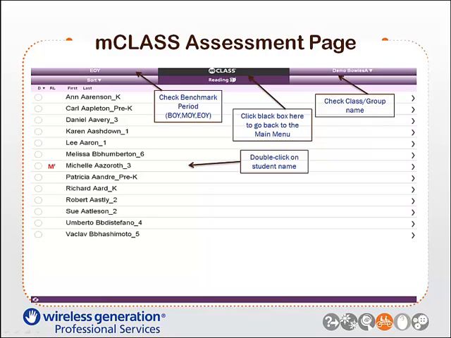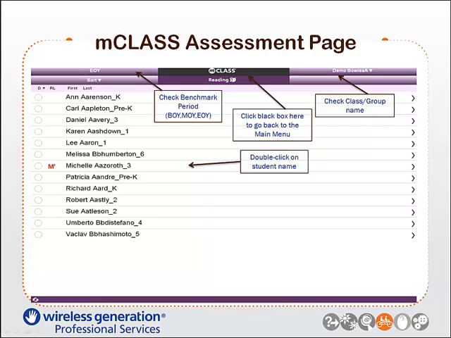The next page that you see after you click on the purple Reading 3D button will be the student selection screen. On this screen you're going to need to pay particular attention to a couple components on the top bar. On the top left you will see the selection of benchmark period. It will either say BOY for beginning of year, MOY for middle of year, or EOY for end of year. You need to make sure that you are in the correct assessment period.